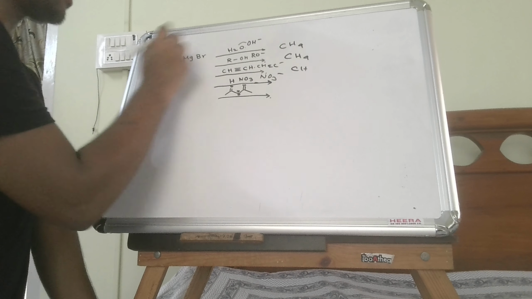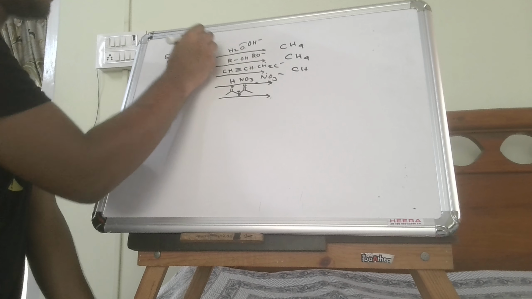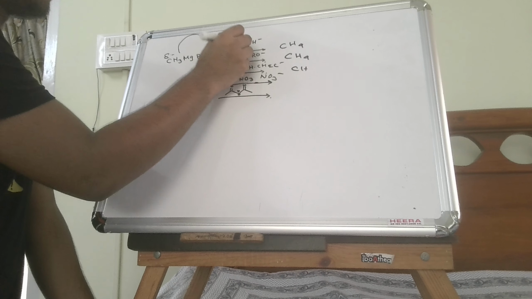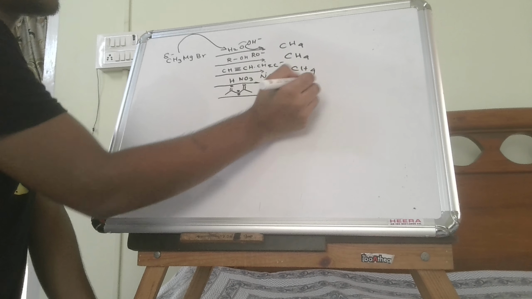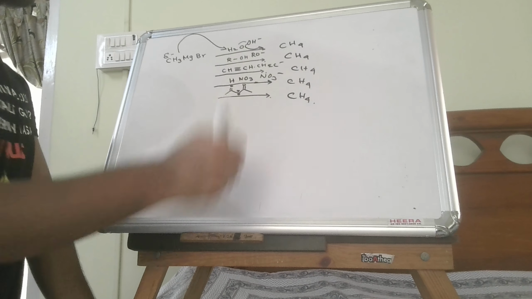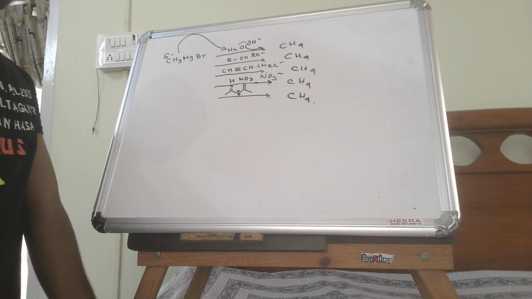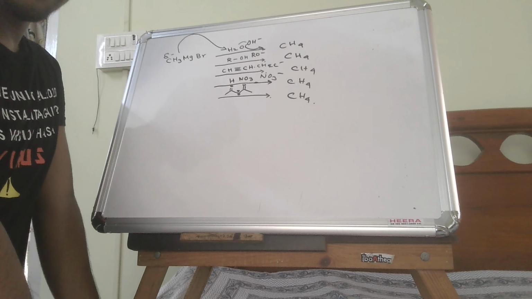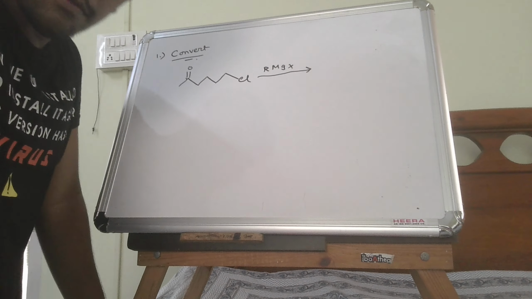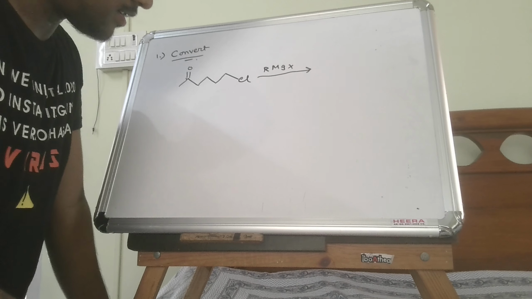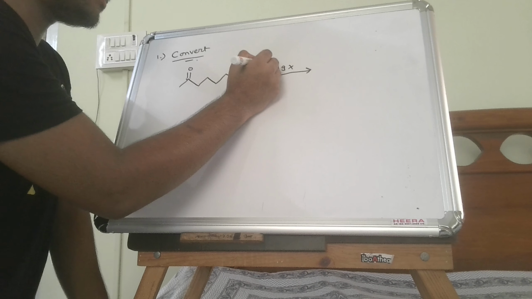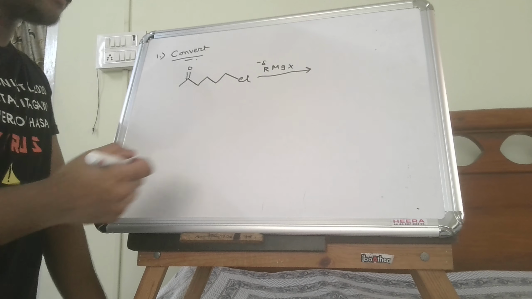As I said, the R delta minus will be going for the H plus and the OH minus will be removed. CH4. Like this will be happening. The acid-base reactions. Now, what will R delta minus be doing?